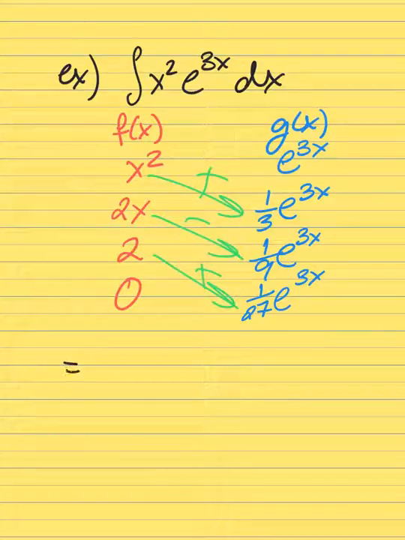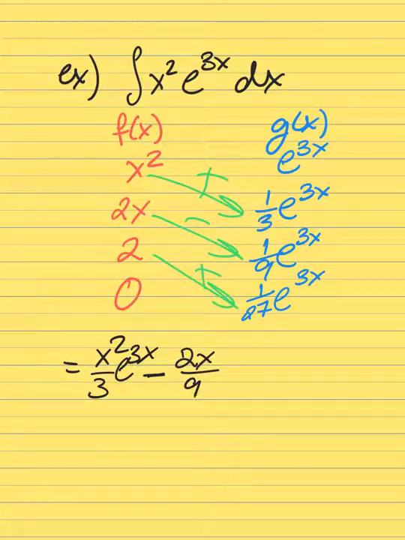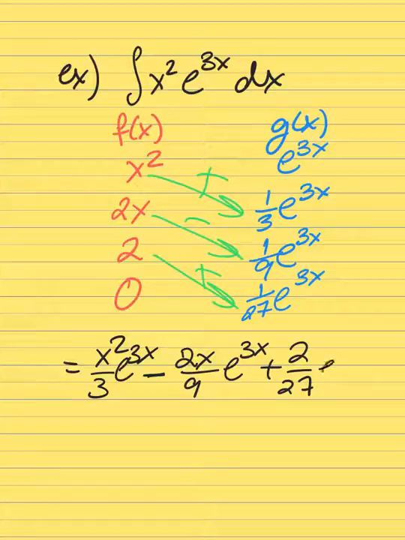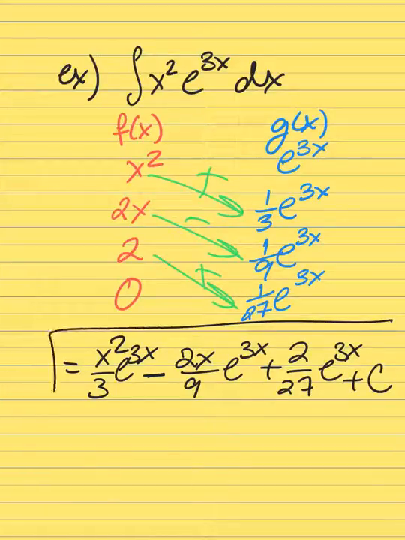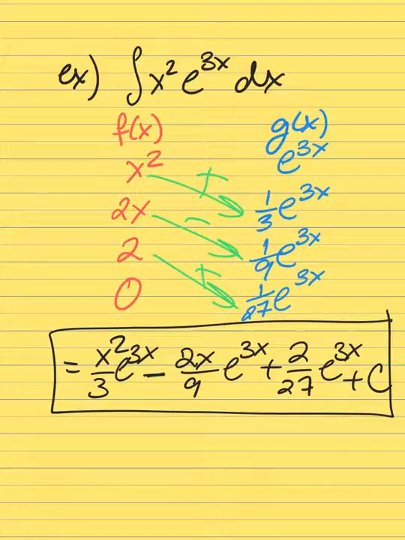So that means my answer is, I've got x squared over 3 e to the 3x minus 2x over 9 e to the 3x plus 2 over 27 e to the 3x. No limits, so I have plus c. And there we go.